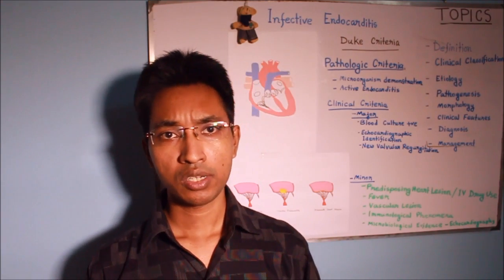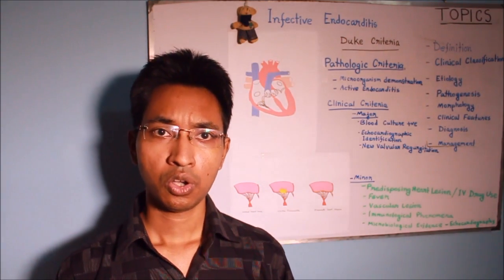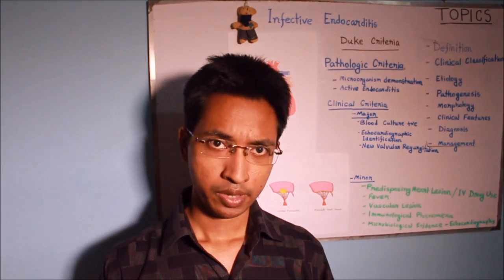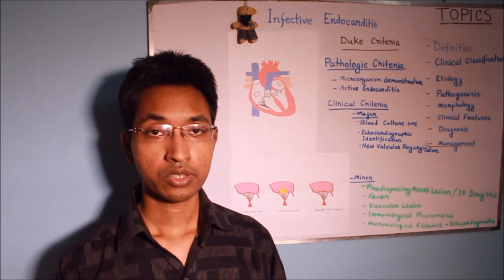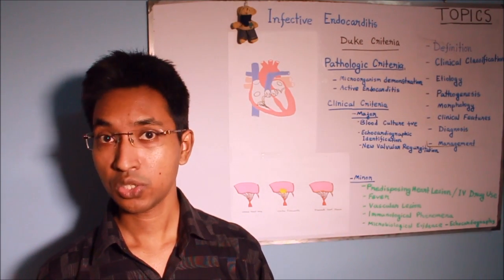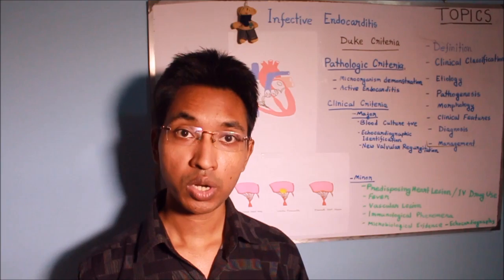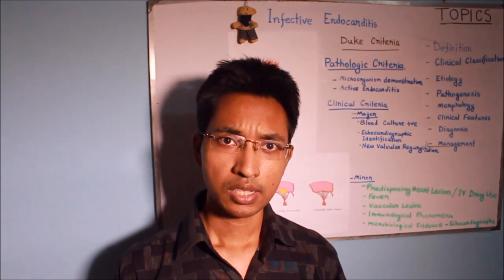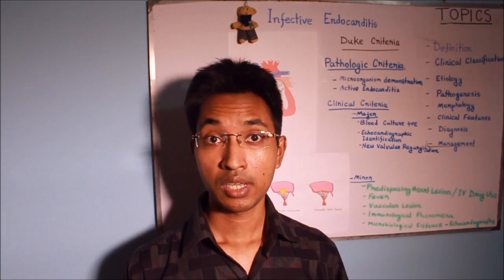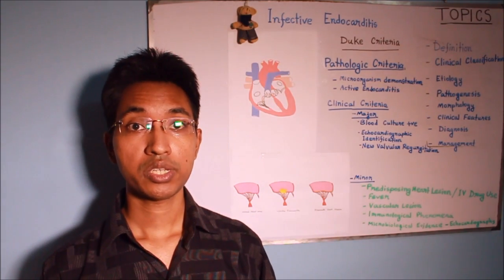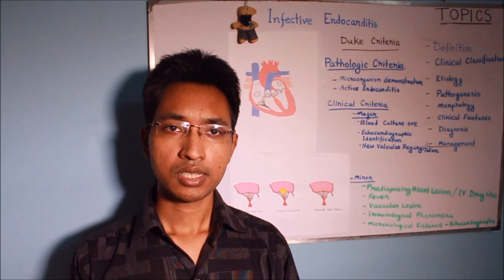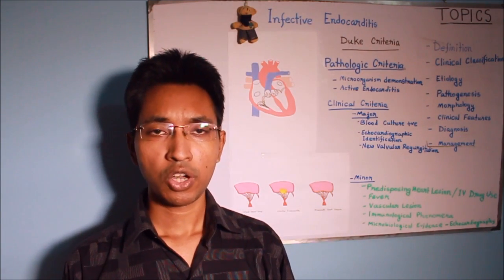If the causative organism is enterococcal infection, then the drug of choice will be penicillin plus gentamicin for 4 to 6 weeks. And if the individual is allergic to penicillin, then the drug of choice will be vancomycin plus gentamicin for 4 to 6 weeks.